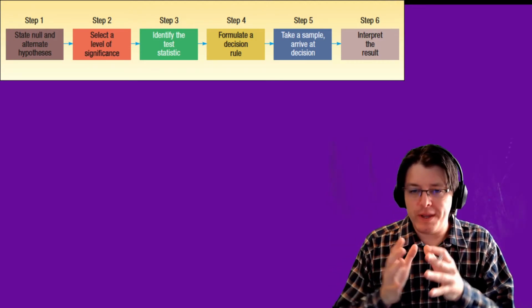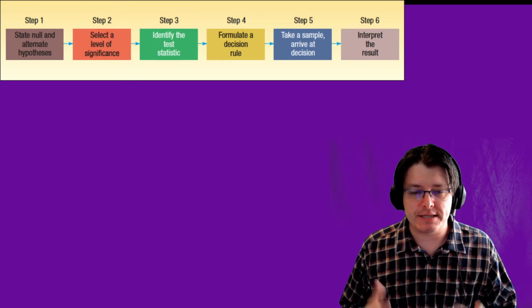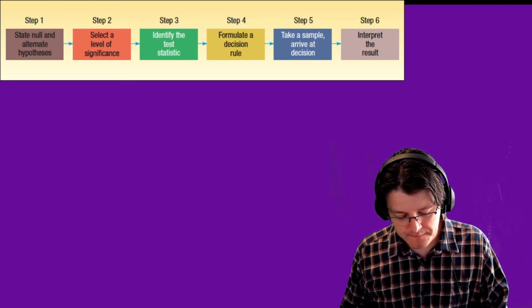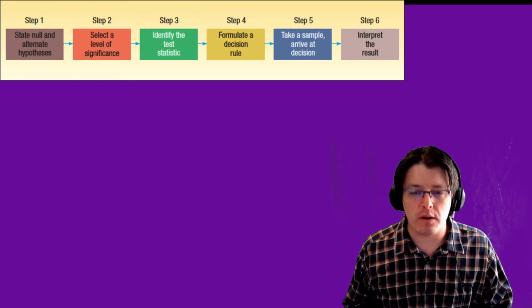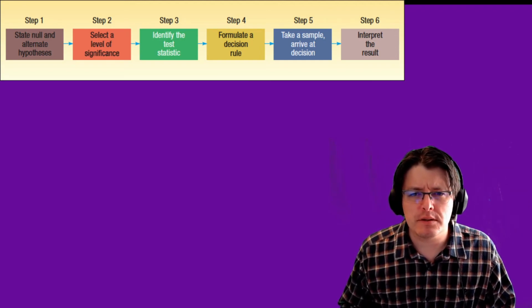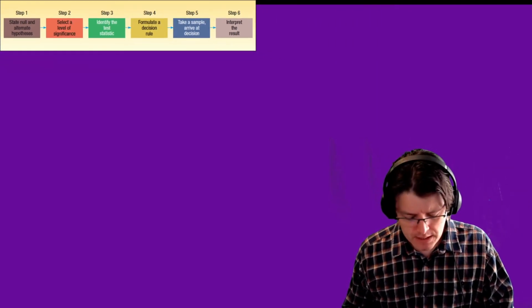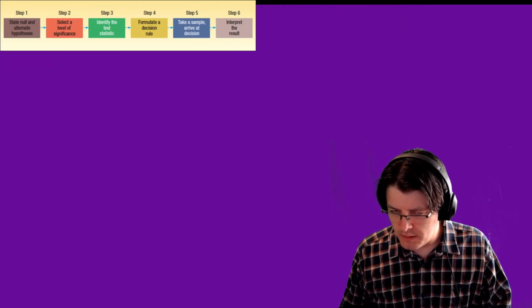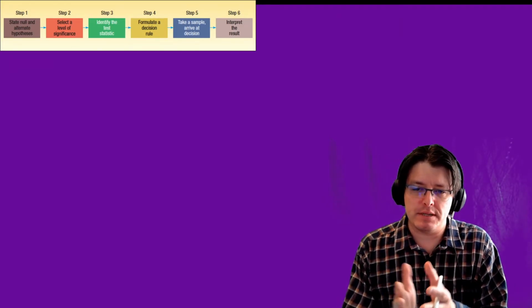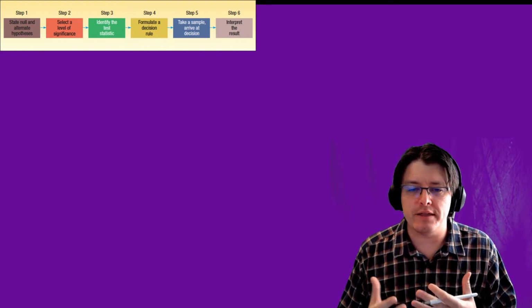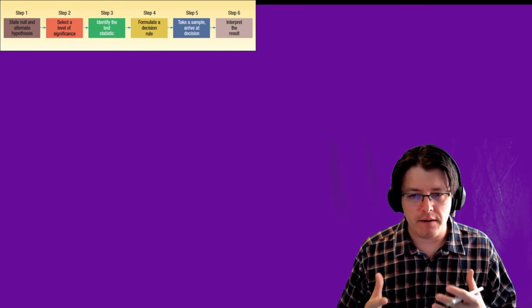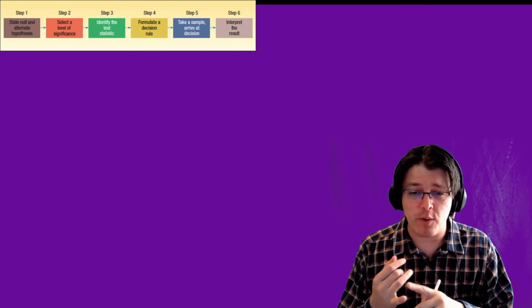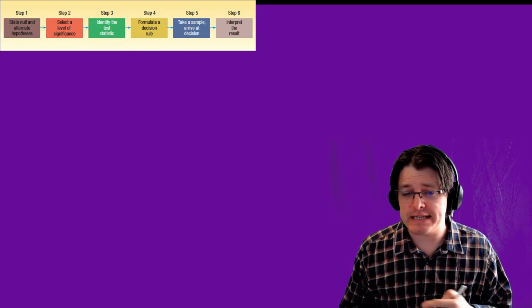So we can think of possible outcomes in this scenario as being one of 4 situations. Let me just zoom this up. When we take a sample, we are trying to find the truth of the situation. We're trying to find whether or not the mean is actually 68.